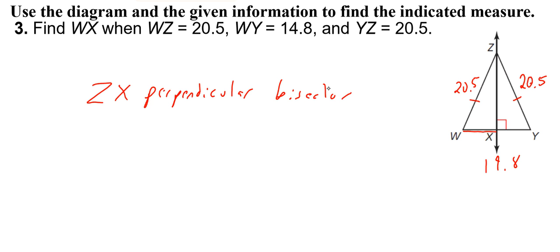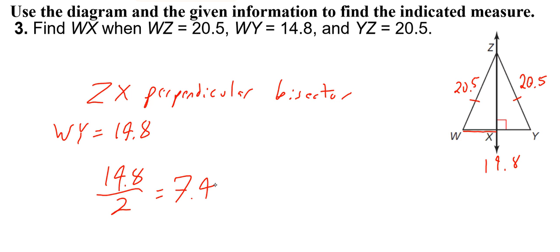And since it bisects the segment WY, which is equal to 14.8, if I take 14.8 and cut it in half, I get 7.4. That is equal to our two equal parts, WX and XY. We were just asked to find WX.